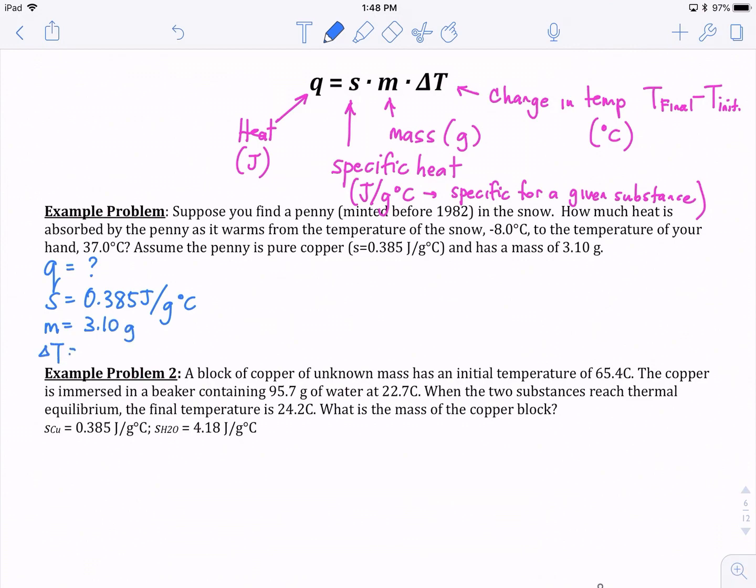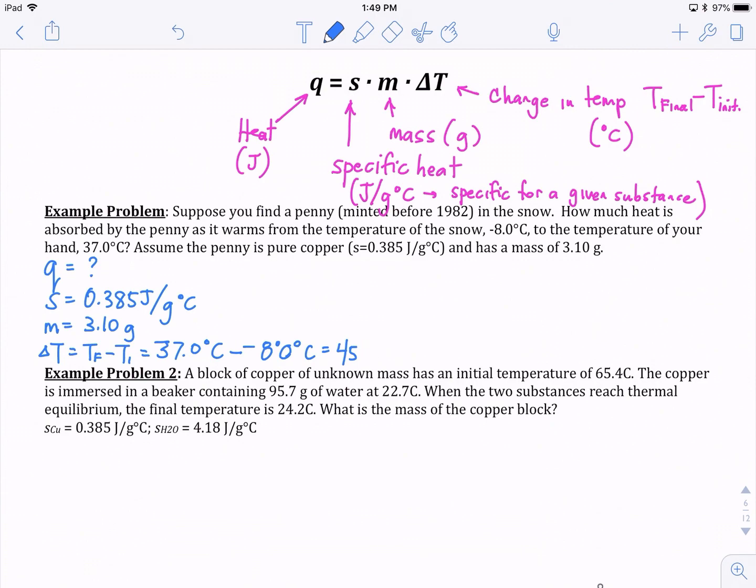And we have a change in temperature. That's going to be the temperature of our hand, because we're going to assume it'll be the temperature of our hand at the end, 37 degrees Celsius, minus its original temperature of the snow of -8 degrees Celsius. So we'll get a change in temperature of 45 degrees Celsius.